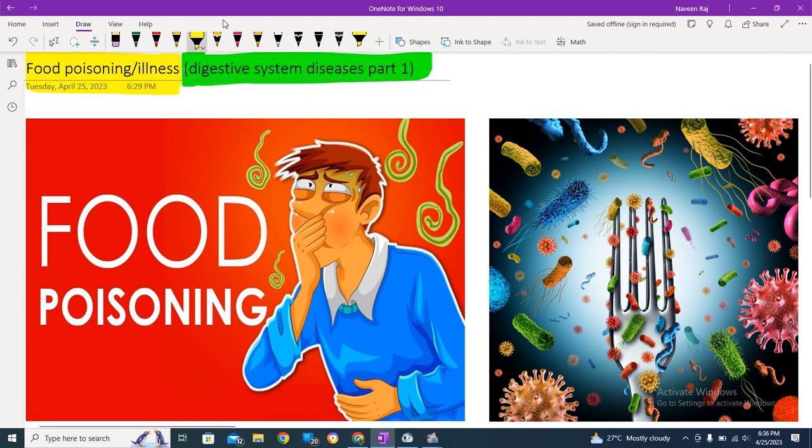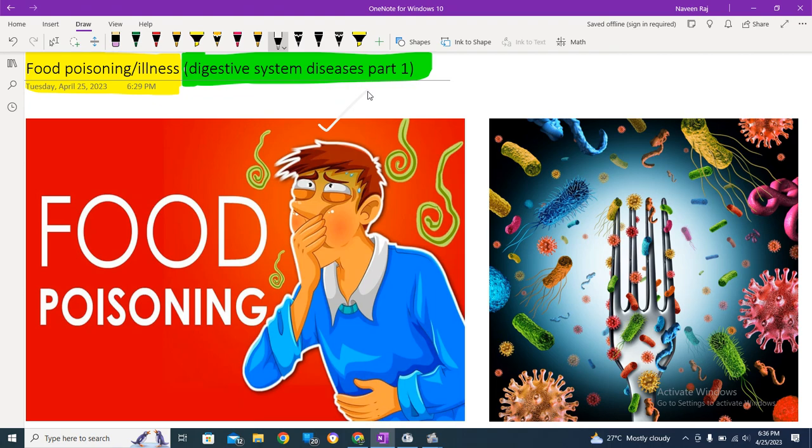Here at the beginning we have some wonderful pictures for you, which will make you imagine what food poisoning is related to. Here there's a boy standing, and he has some sort of pain in the abdominal region, and he's feeling vomiting and headache. These are the symptoms which we can assume from this diagram.